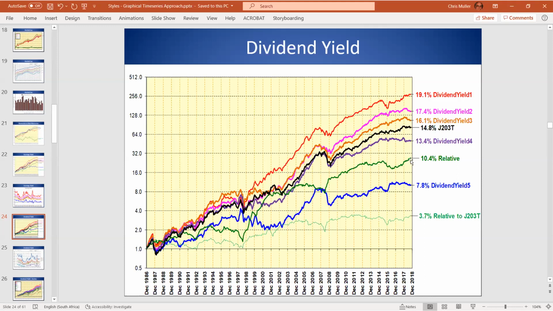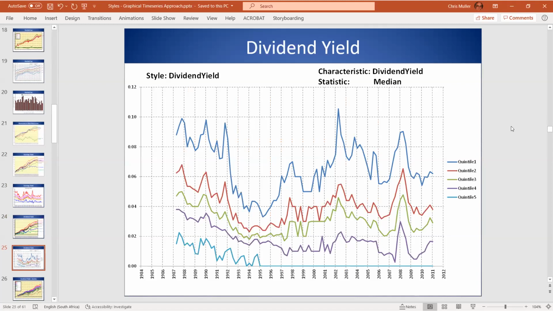Not all companies pay dividends, so I didn't expect this to have as solid an effect, but it had a better one in the sense that this went 1, 2, 3, 4, 5, a monotonically increasing or decreasing effect. Dividend yield. Dividend yields, you can see here plotted from 2%, 4%, 6%. So we're looking for anything at least more than 4%, sometimes as high as 10, but typically we want it in the 6% range.